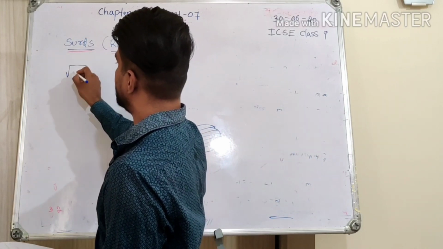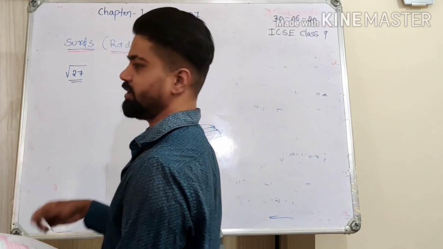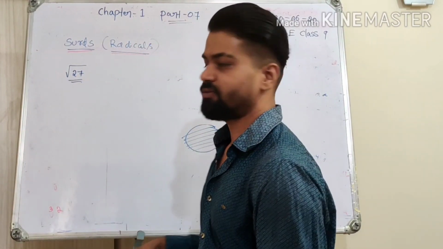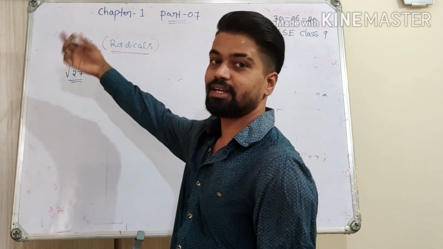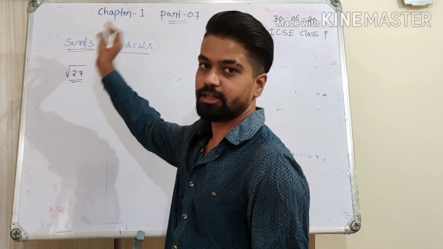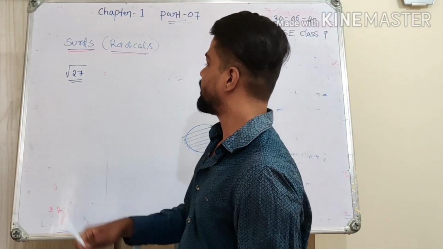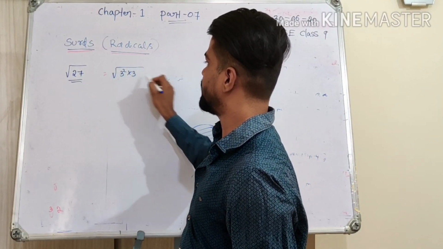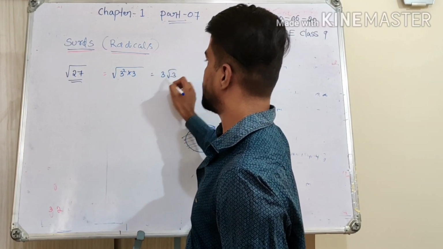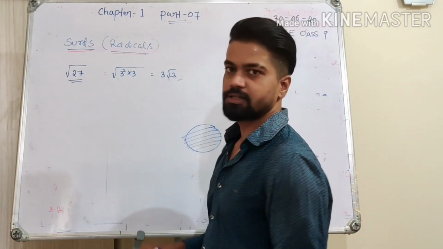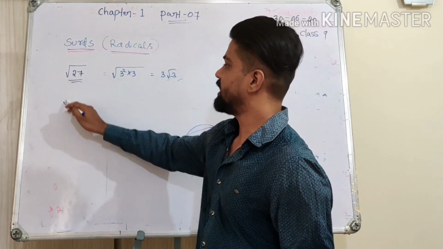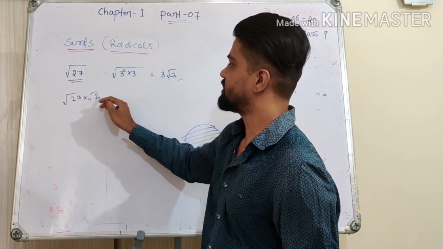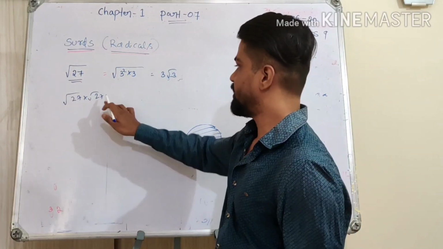To get the least rationalization factor, we need to eliminate as much as possible of what is there in the root. We already did this: 3 square into 3, which is actually 3 root 3. Now it is still irrational. I could have multiplied this entire thing with root 27 to make it rational, but that's not the least.